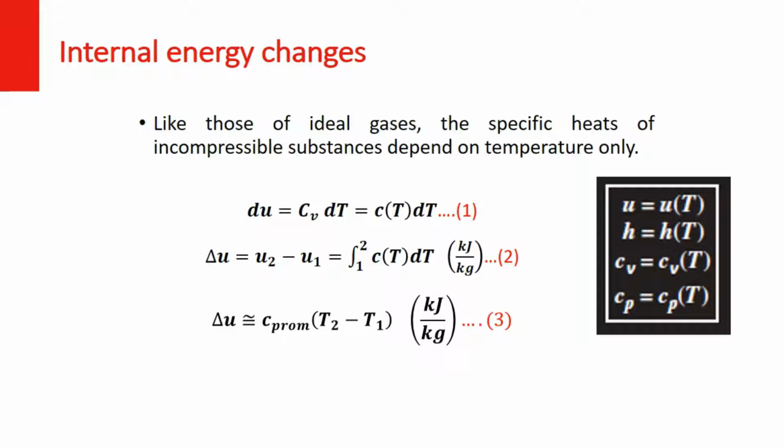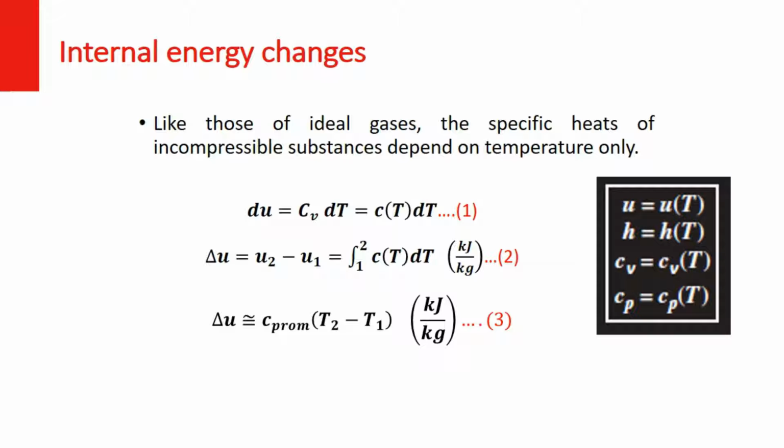Internal energy changes. Like those of ideal gases, the specific heats of incompressible substances depend on temperature only. Thus, the partial differential in the defining equation of Cv can be replaced by an ordinary differential, which yields equation number 1.